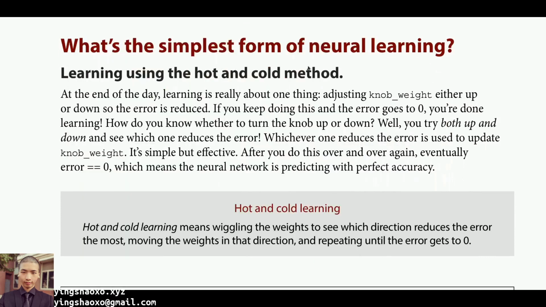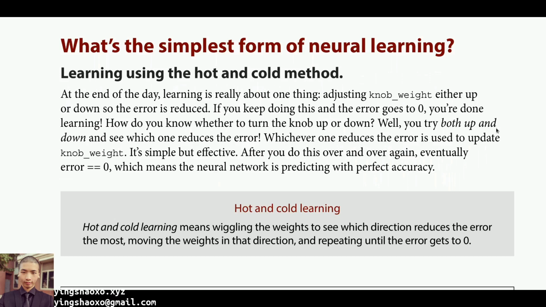What's the simplest form of neural network learning? Using the hot and cold method. At the end of the day, learning is really about one thing: adjusting the knob weight either up or down so the error is reduced. If you keep doing this and the error goes to 0, you're done learning. How do you know whether to turn the knob up or down?